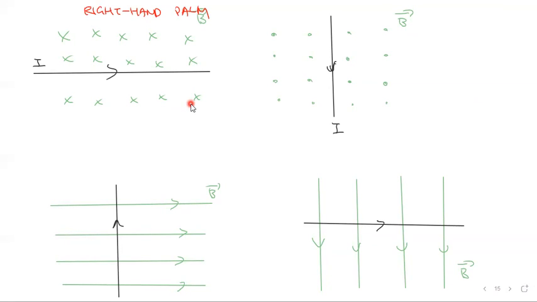And then your palm is going to push in the direction of the force. So for this question in the top left, your current is to the right. That means your thumb is going to point to the right. Your magnetic field is into the page. That's what these crosses mean. That means your fingers point inward to the page. That forces your palm to point upward. So that tells us that the magnetic force on this wire is going to push this wire upward.